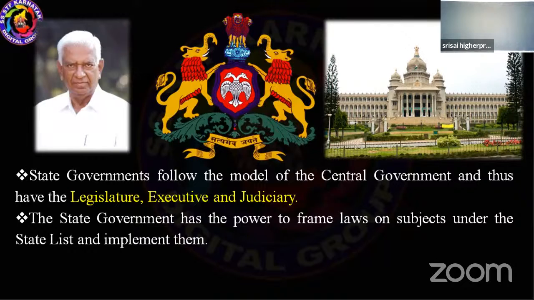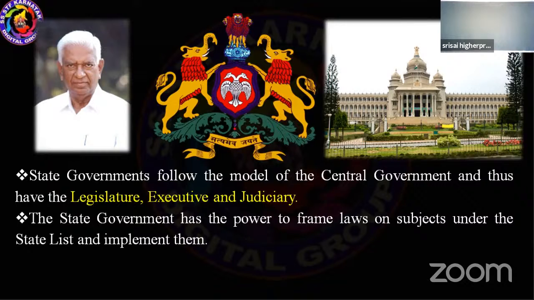On all the issues mentioned in the Union list, the central government forms the policies. It has the right on all those issues. On the issues mentioned in the state list, the state government has the authority to form any kind of policies or law and order.